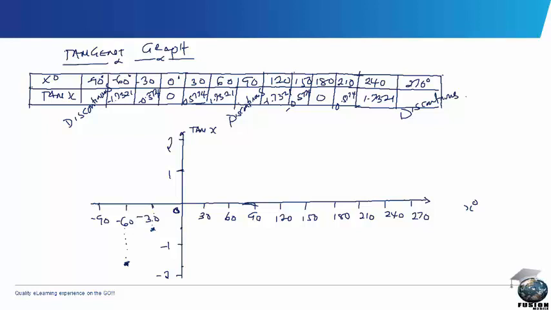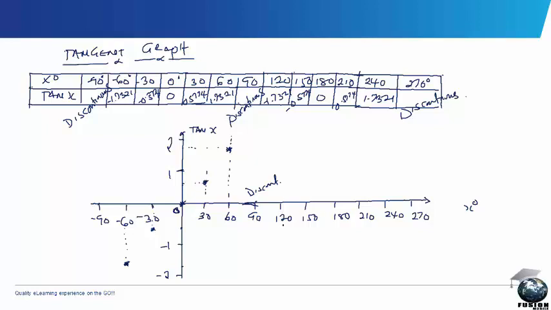At 0 it is 0, and then at 30 it is 0.57, and at 60 it is 1.7, and I denote the point where they intersect. At 90 it becomes discontinuous again, and there is nothing to be plotted here.